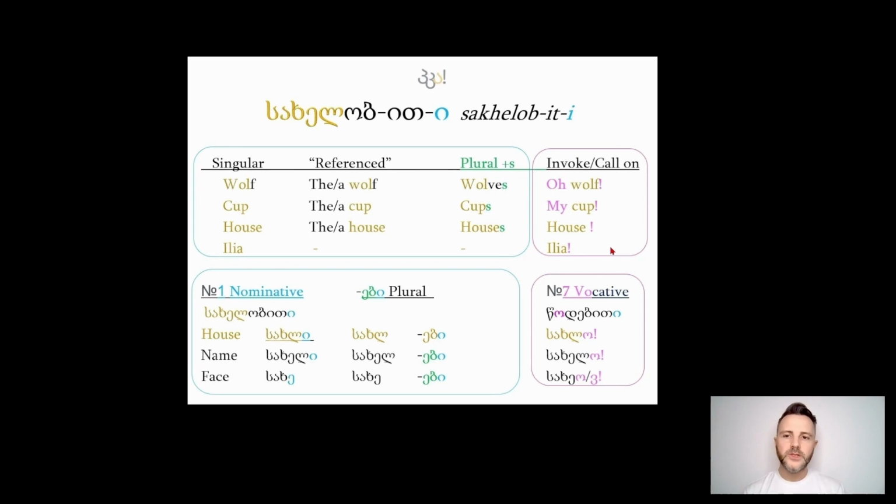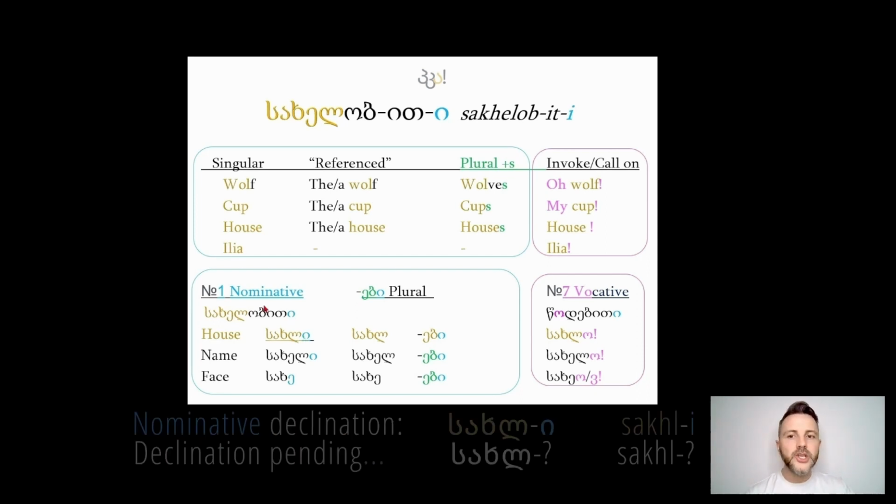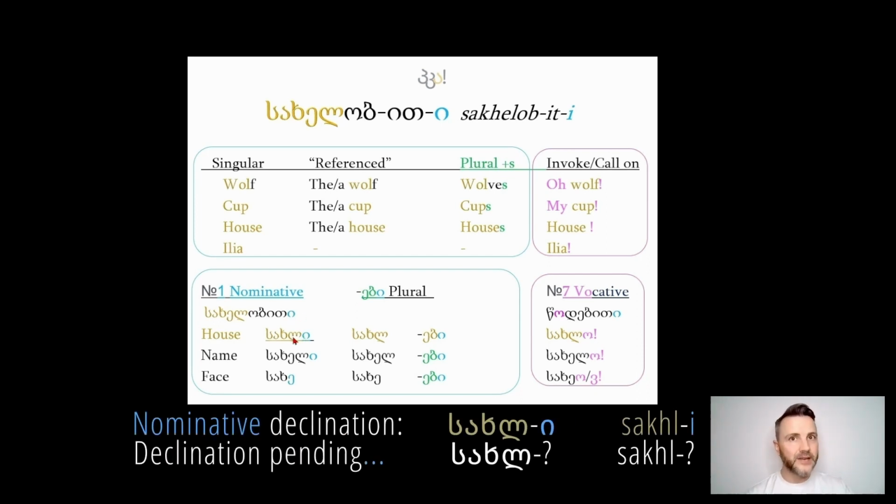Name. So Georgian nouns, they follow a very strict rule. If the root here, sakhl, does not end in a vowel, then it automatically takes the I. So sakhl is the root, you have to remember it. Sakhli is the nominative declination of that root.